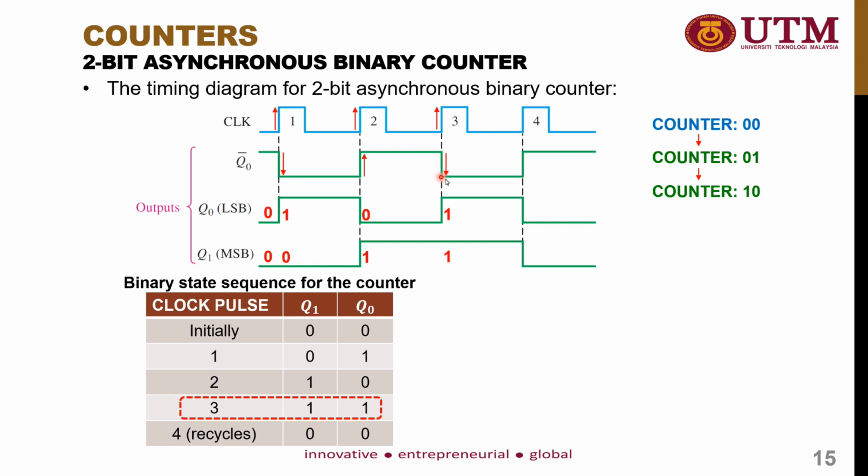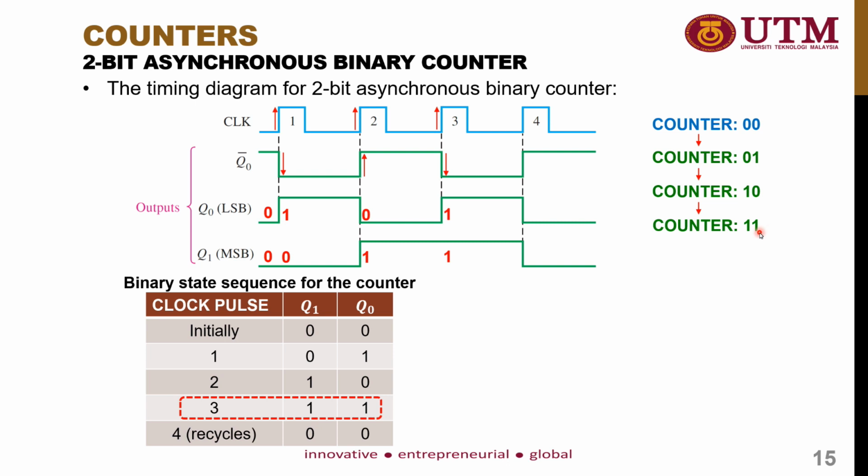So if a falling edge is detected for Q0 bar, the output Q1 doesn't change. So you see here, the counter will become 1 1. Right now the counter has finished counting, because it starts from 0 0, counts into 0 1, then 1 0, and then becomes 1 1.